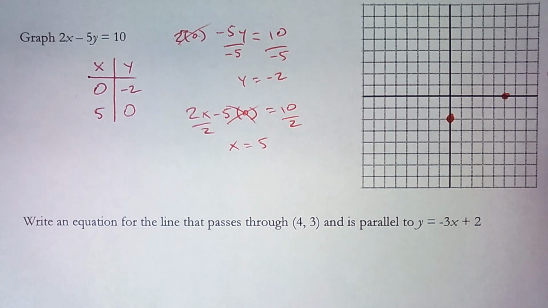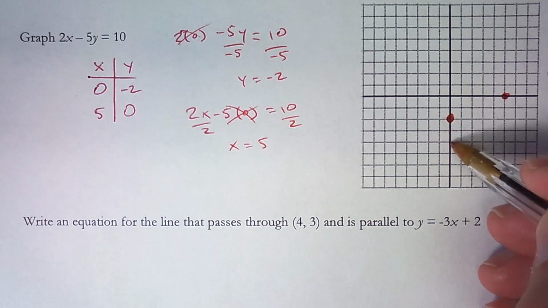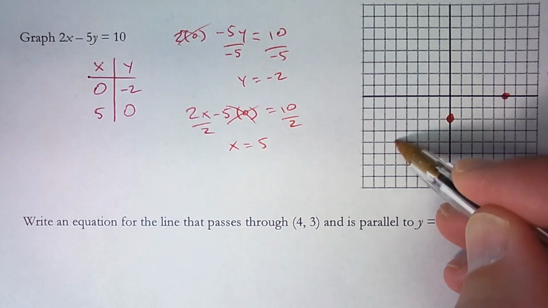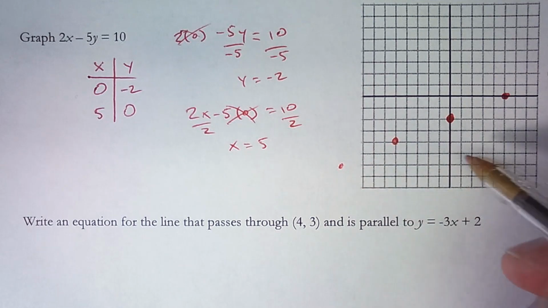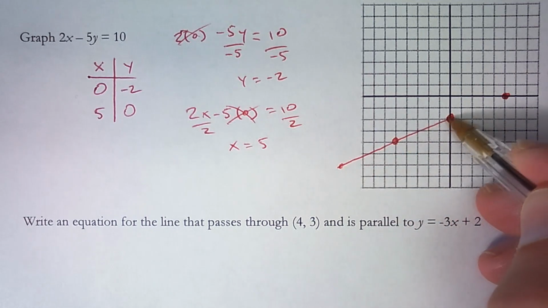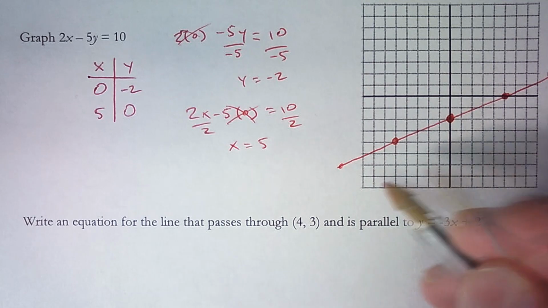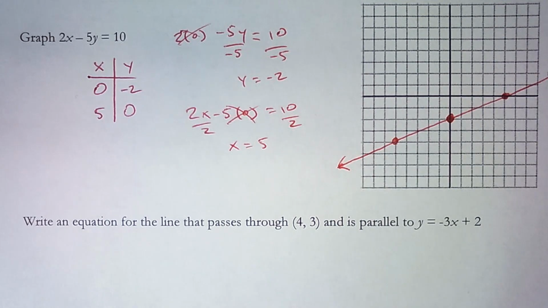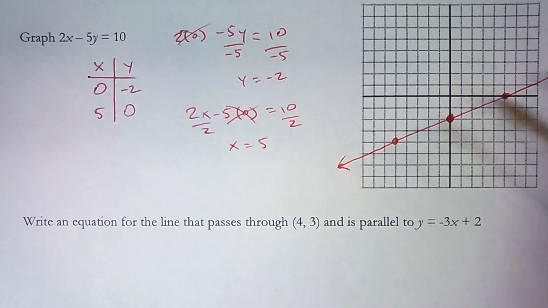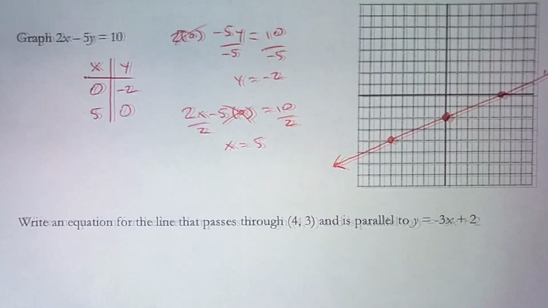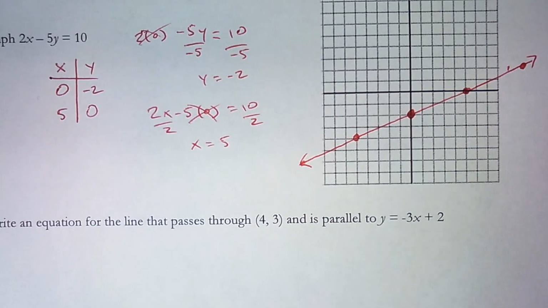And I'll just go a couple spots off the graph to keep a nice slope. And then I'll go down 2 and left 5. Okay, so here is the graph of my line. Okay, when you graph, make sure you fill up the entire graph with points and put arrows on both ends of your lines.